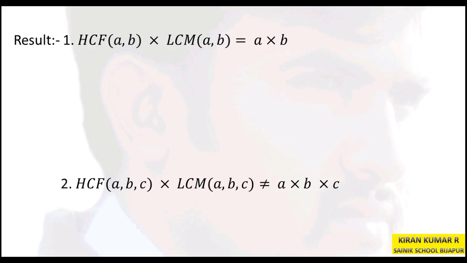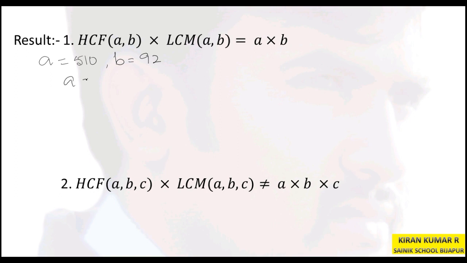Let us verify the result. The highest common factor of two numbers A, B into the least common multiple of A, B is equal to the product of the numbers. Let us take two different numbers. Say A is 510 and B is 92.